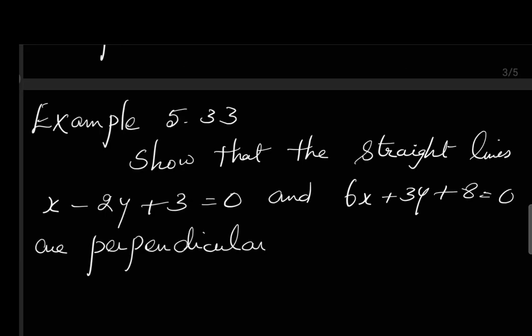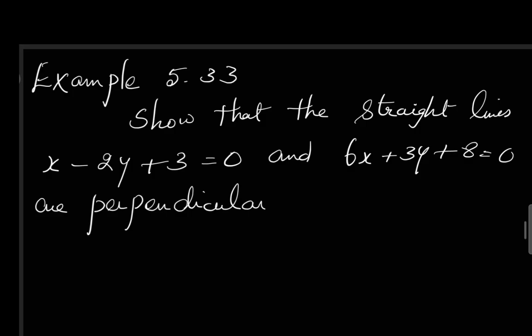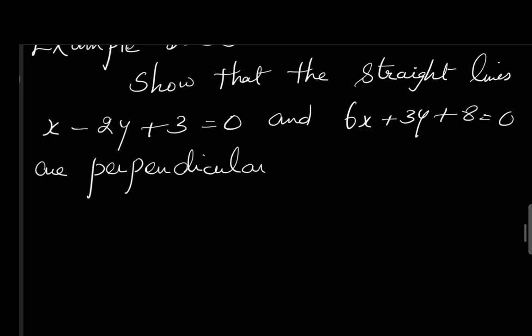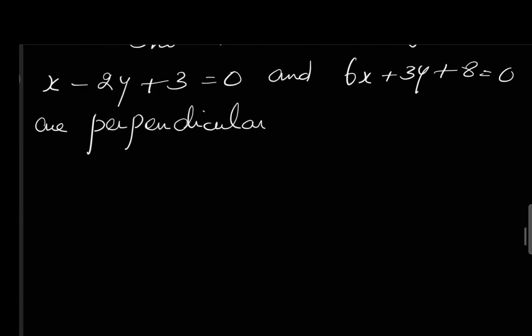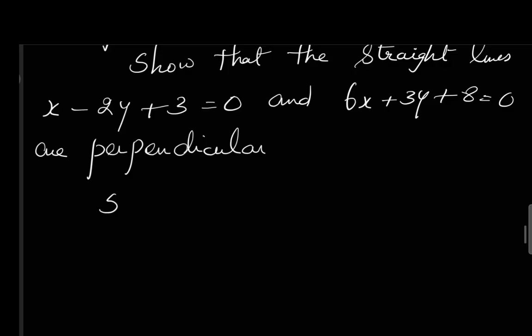See the next sum. Example 533. Show that the straight lines x minus 2y plus 3 equal to 0 and 6x plus 3y plus 8 equal to 0 are perpendicular. So the same formula we apply. In the perpendicular case, you have to show that the product of the slopes is minus 1.